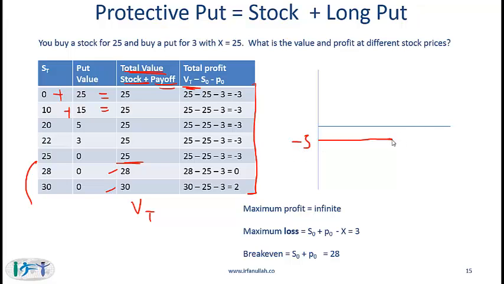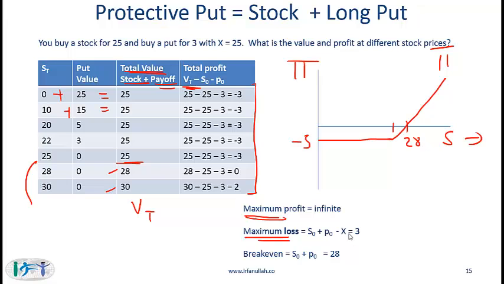And then after that, the profit goes up as the stock price increases. This is the strike price of 25, which also happens to be S0. And this is the break-even point, which is 28. The maximum profit is infinite, as we can see over here. The maximum loss is S0 plus P0 minus X, which is 3.